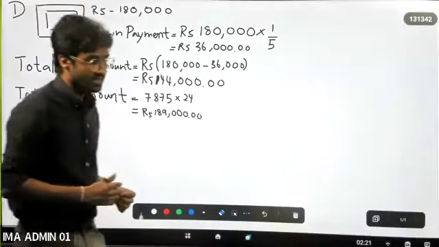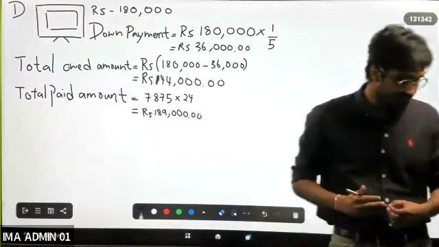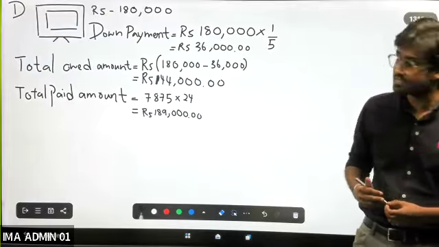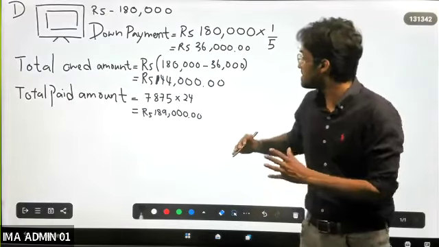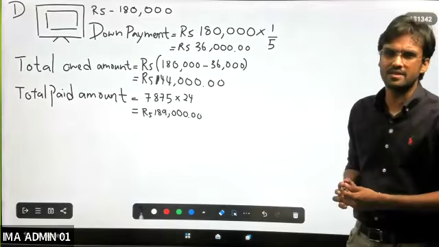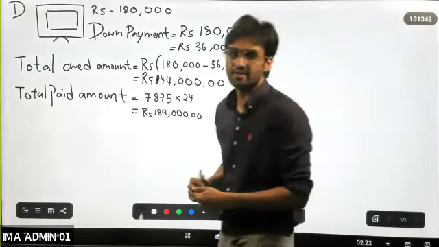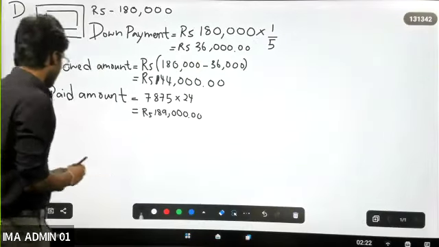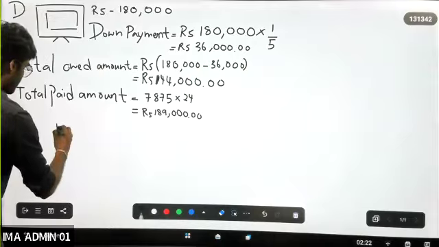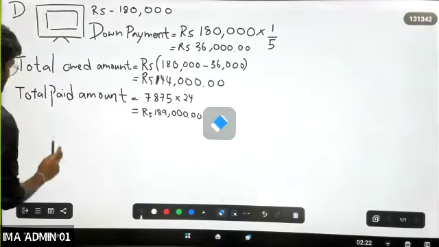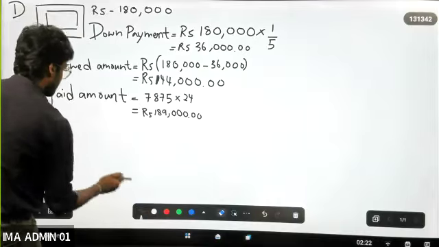If this loan payment is based on the reducing loan balance, there's a certain format which we have to follow. Definitely month units are involved in that question. So we will find out the month units for this particular scenario.